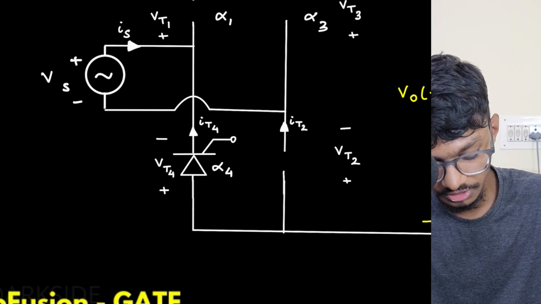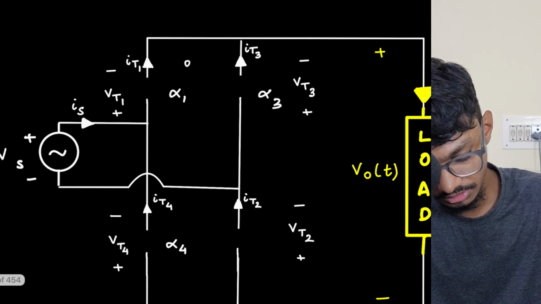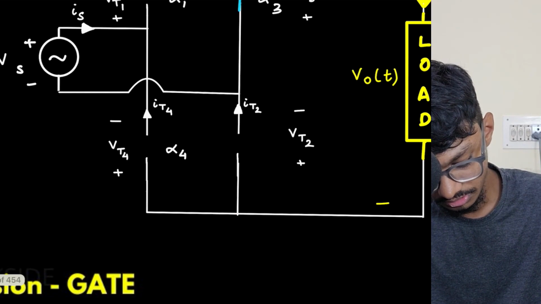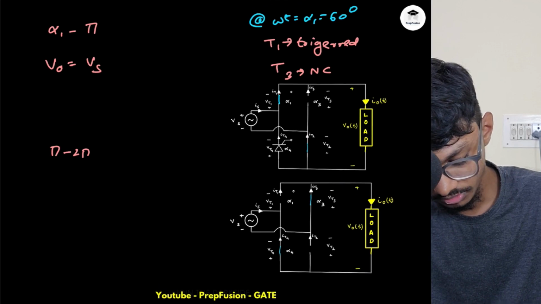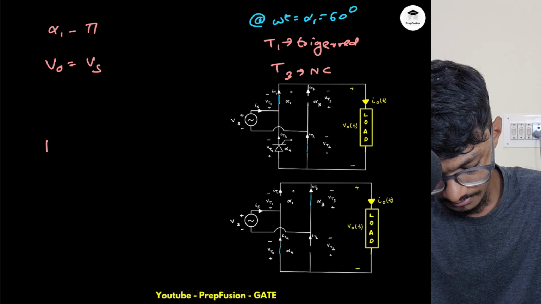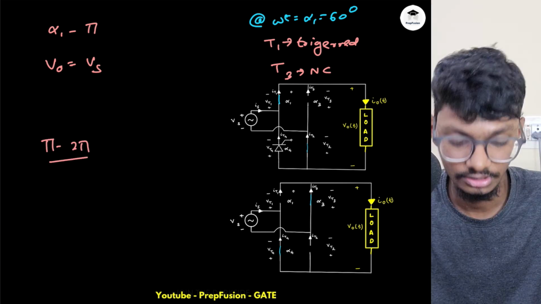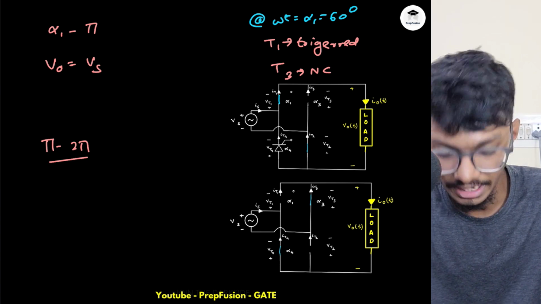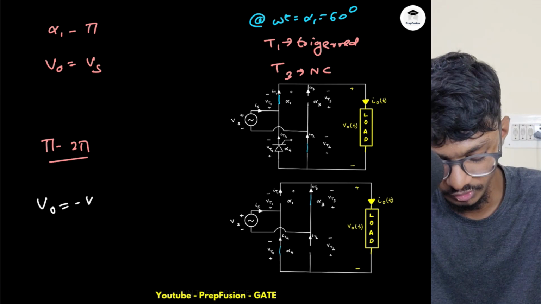They will be naturally commutated because T4 and T3 will be triggered. So from pi to 2pi, what will happen? Basically my T3 and T4 will be triggered and your VO will be equal to minus Vs. If you apply KVL, VO will be minus Vs.